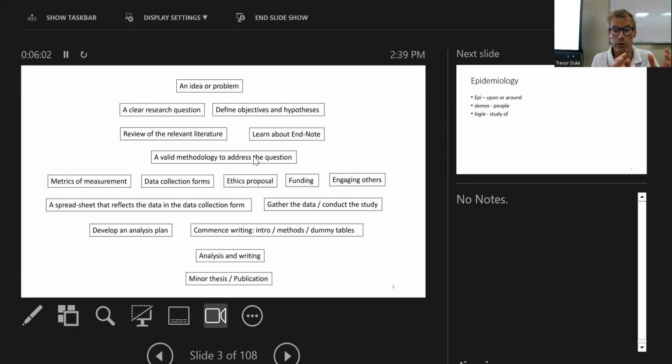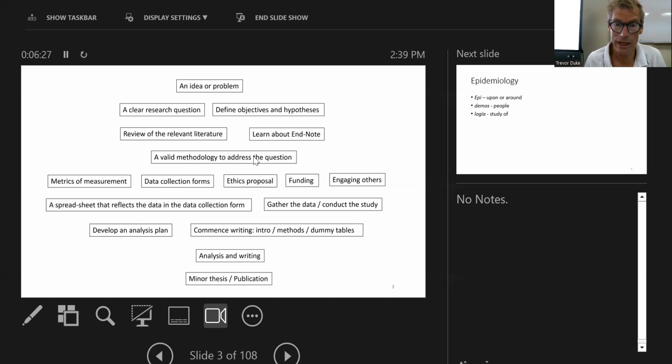Usually if you designed your data collection form well, it's quite easy to design a spreadsheet that just reflects your data collection form so that it's easy to enter your data, right? That's what you want. You want it to be an easy thing to enter your data and not be uncertain when you get to entering data. Well, how do I enter it, right? All these things, if you think about them beforehand, it makes the study itself much better.